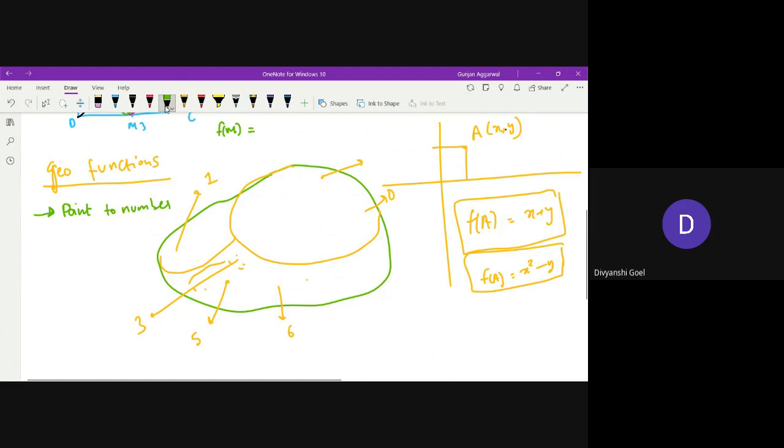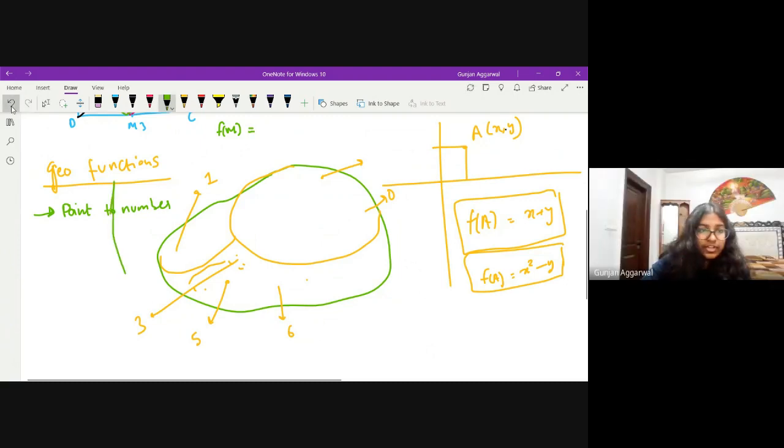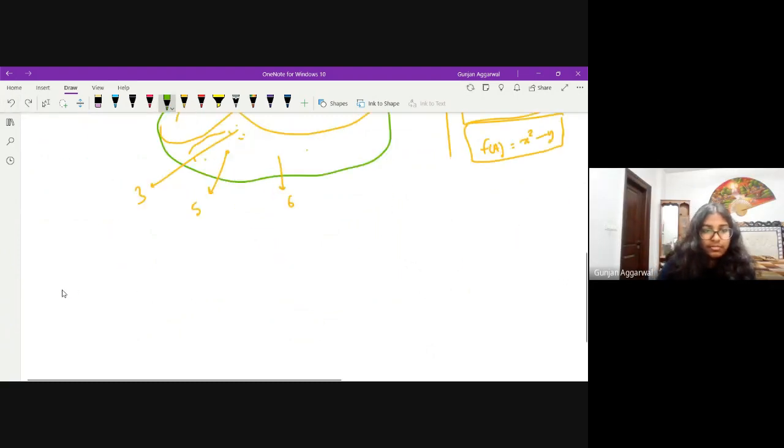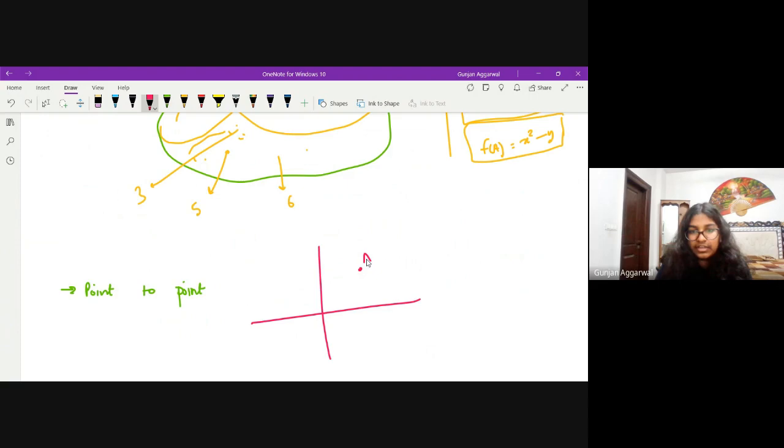Yes, ma'am. There are also functions like point to point. Let's say there's a plane and then there's a point A. So f of A equals a point B such that B is just one unit right of A. So this is x comma y, this is x plus 1 comma y.